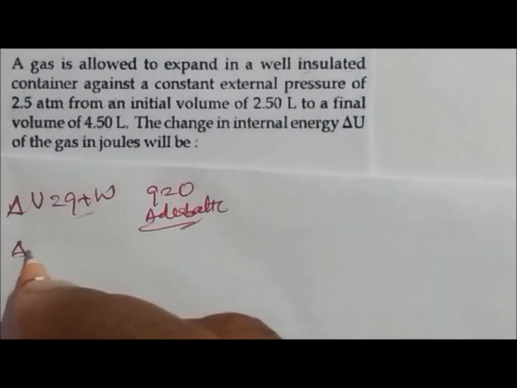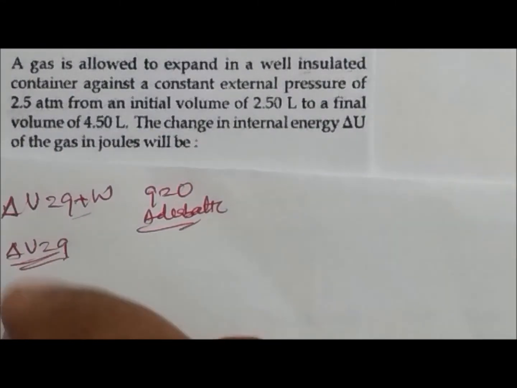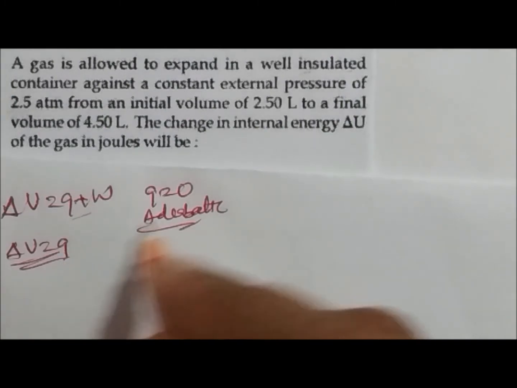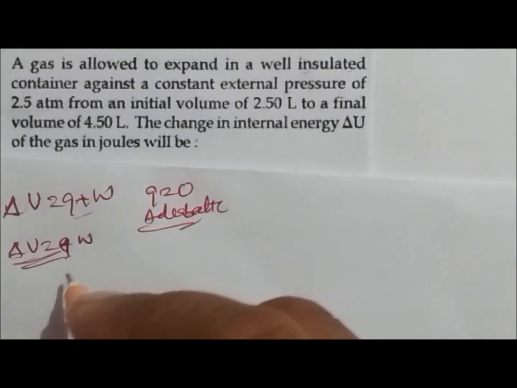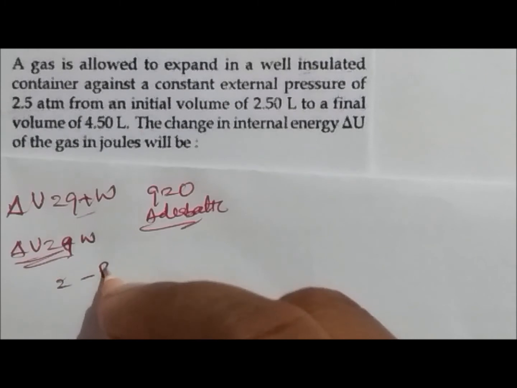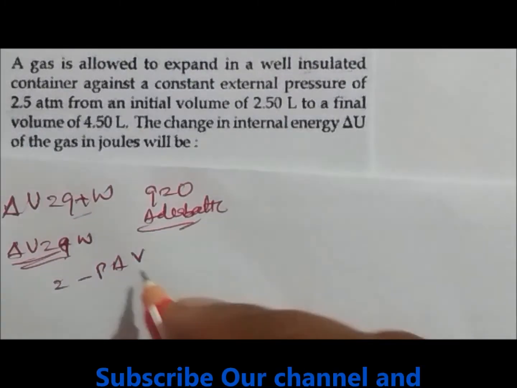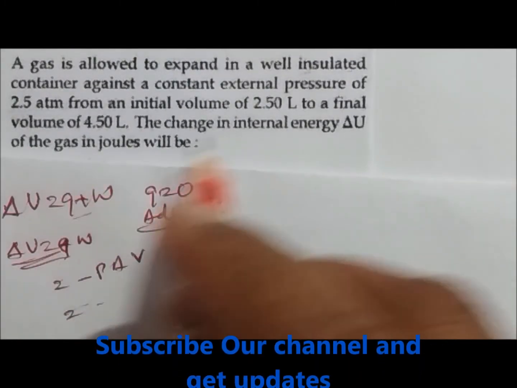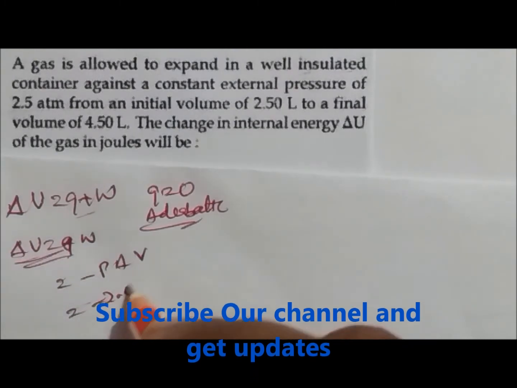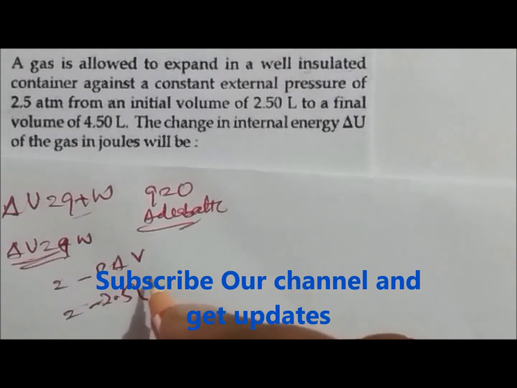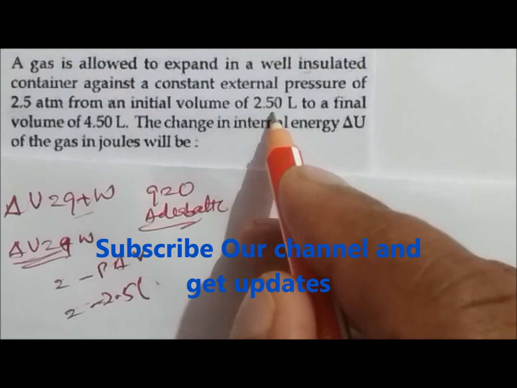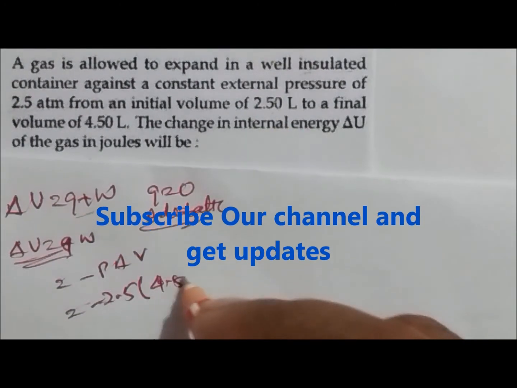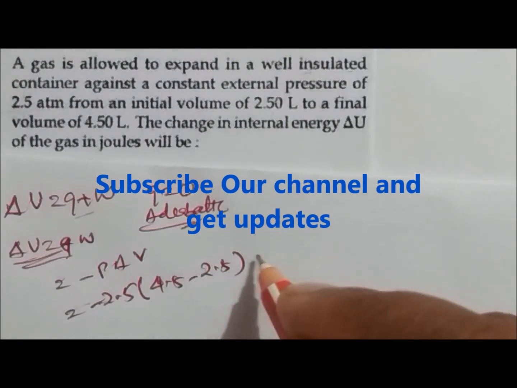So we'll get the equation delta U is equal to delta Q, and Q is 0, so delta U equals W, and W is nothing but minus P delta V. P is given as 2.5, and delta V is nothing but V2 minus V1, final volume minus initial volume. So 4.5 minus 2.5 liter.